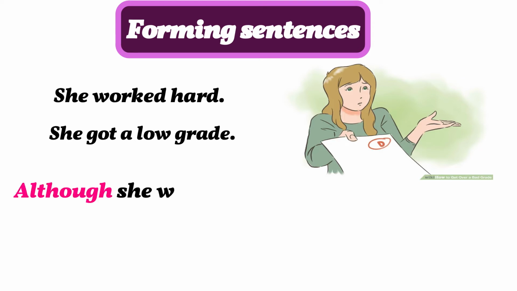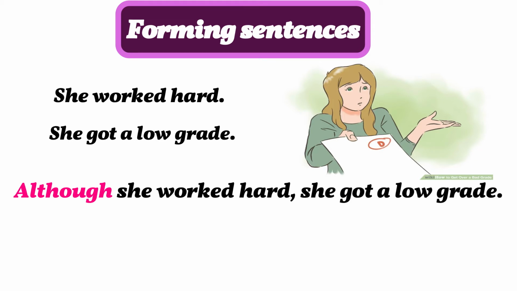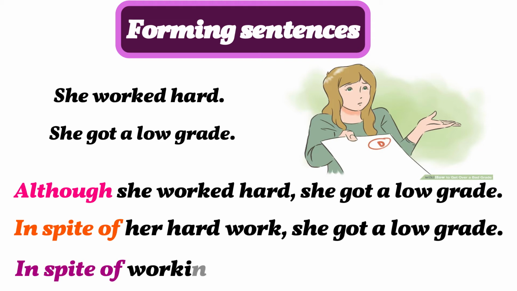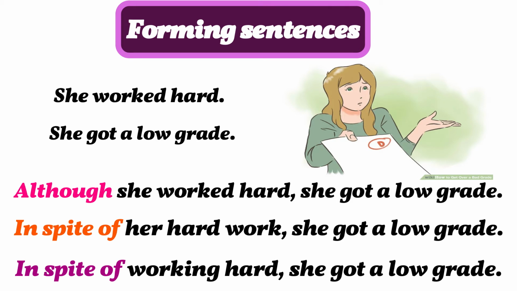Although she worked hard, she got a low grade. We can also use in spite of. In spite of her hard work, she got a low grade. Or in spite of working hard, she got a low grade. We shall talk about these differences just in a minute.